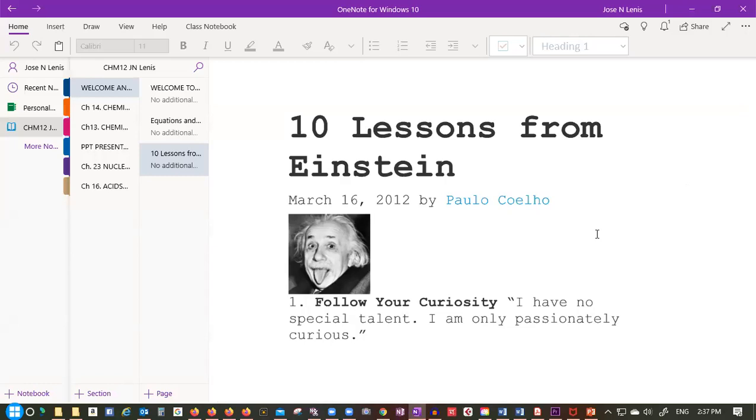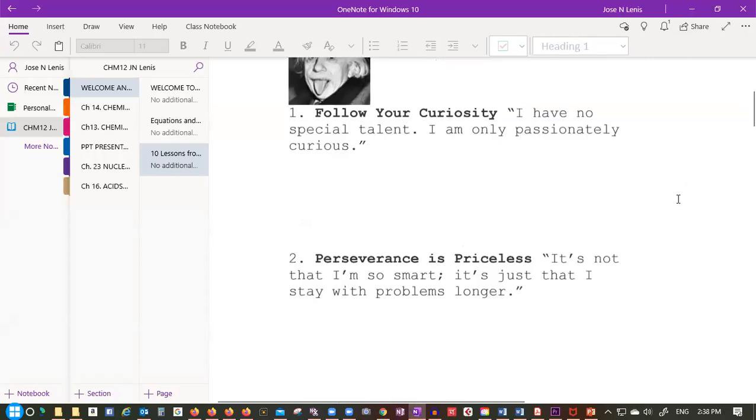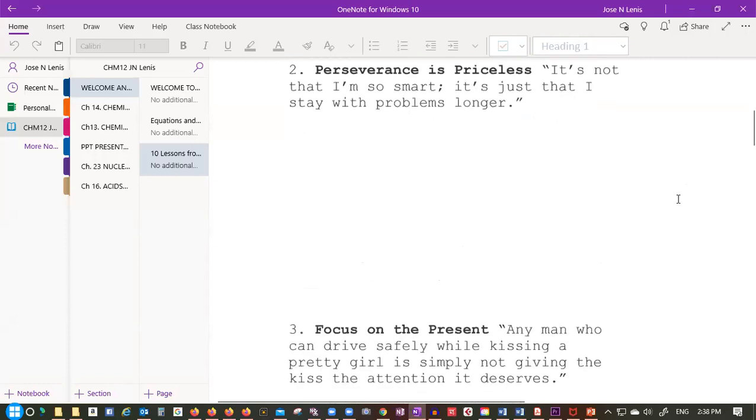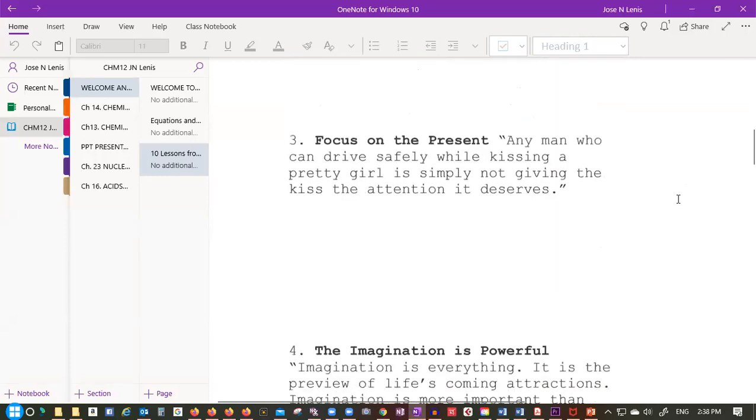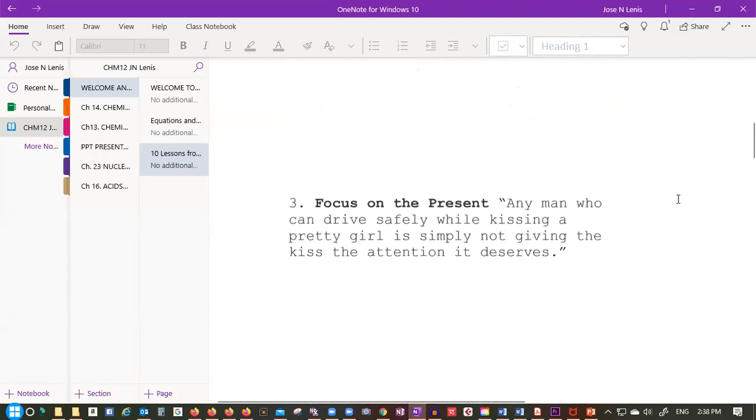I'm trying to start with a phrase to think about it. 10 lessons from Einstein. And I think we are up to here. 3, focus on the present. Supposedly, allegedly, he said this.